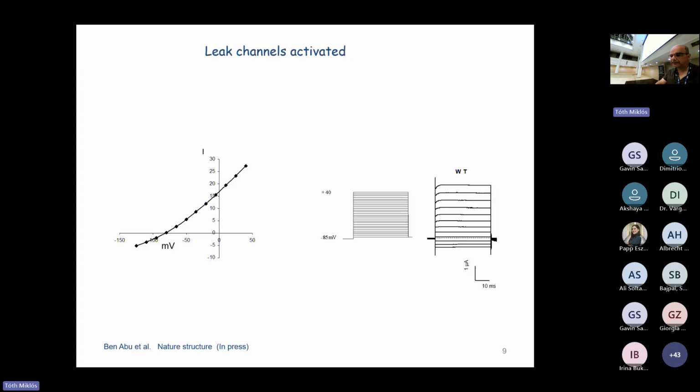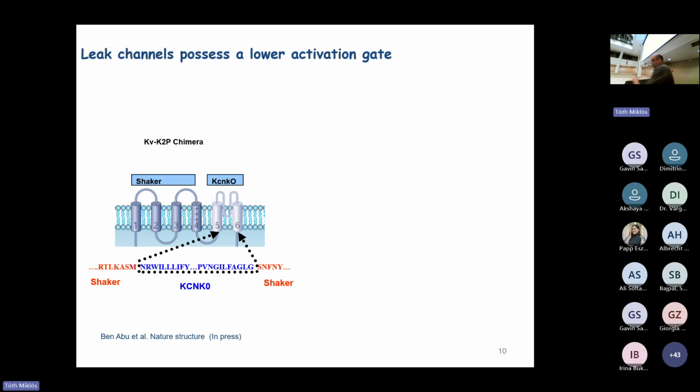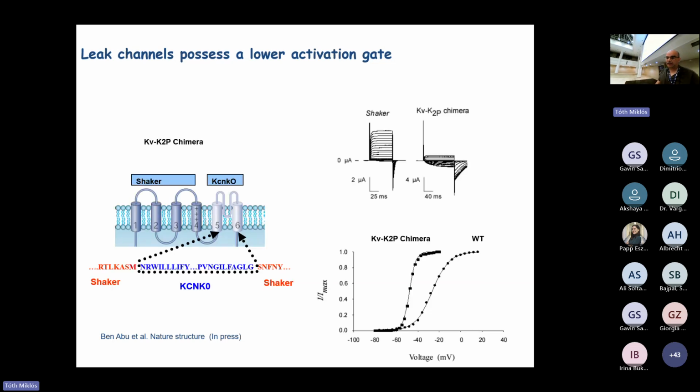In order to prove that these channels open by sensing the voltage, what I did in the past, you can see, is that I constructed a chimeric channel composed of voltage-dependent potassium channels and leak potassium channels. It means that I took the part with the voltage sensing and composed it to this part, and actually I built a chimeric channel. I did it genetically, and finally I measured it electrically, with the current that passes across the channels.